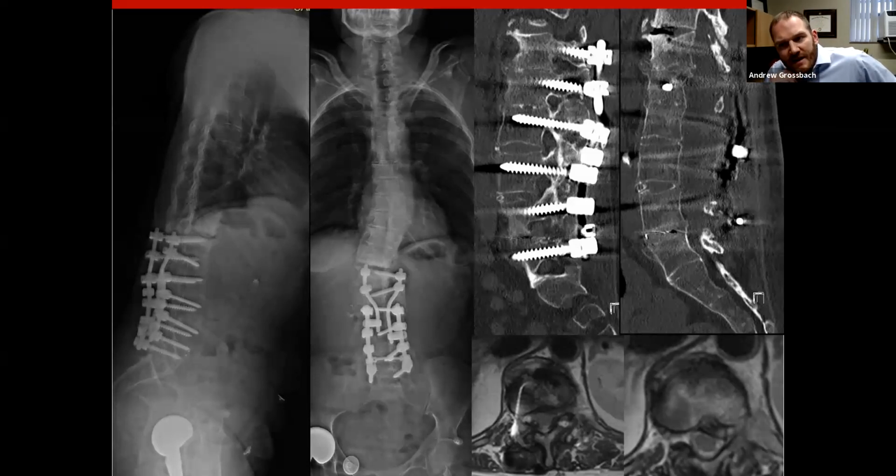I have a couple of select cases where they're older, they just have an adjacent level thing, where I might try to minimize surgery, minimize the amount of stuff I'm doing. But the vast majority of the time, I don't like to rely on an old posterior lateral fusion mass to support. What does everyone else think?